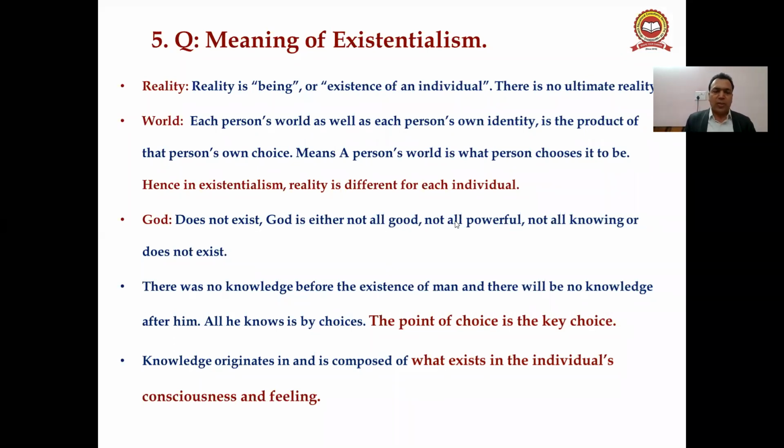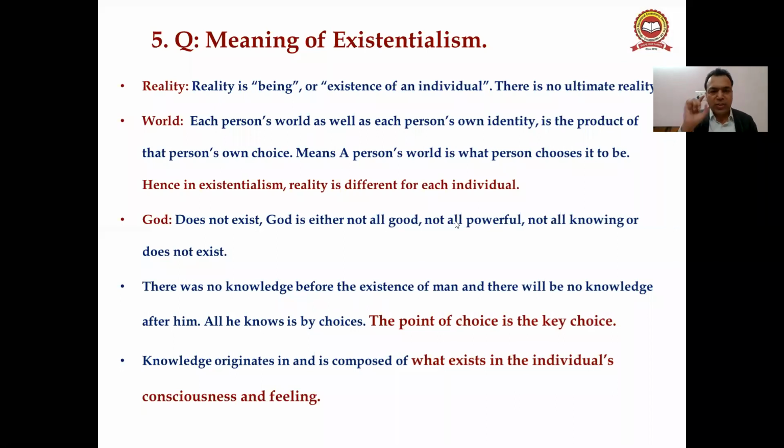And according to this philosophy, what is the world? Existentialism says that a person's world is what the person chooses it to be. So there is a different world for each person, right? They do not believe in God.